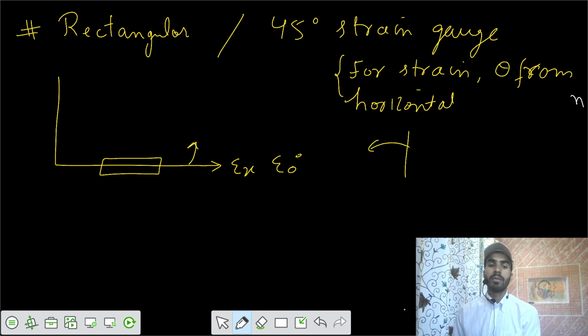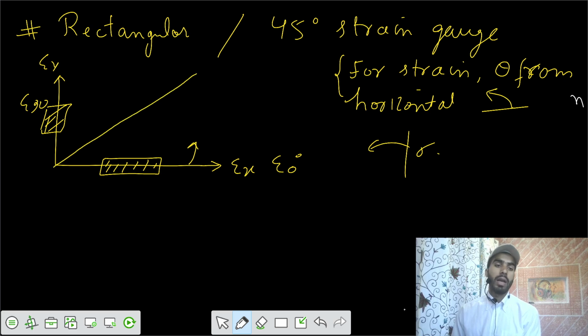Here we take theta from the horizontal. We call the first E0 degree, one strain gauge we install at 90 degrees along the y direction, and we call it E90. The third strain gauge we deploy at an angle of 45 degrees from the principal x direction.